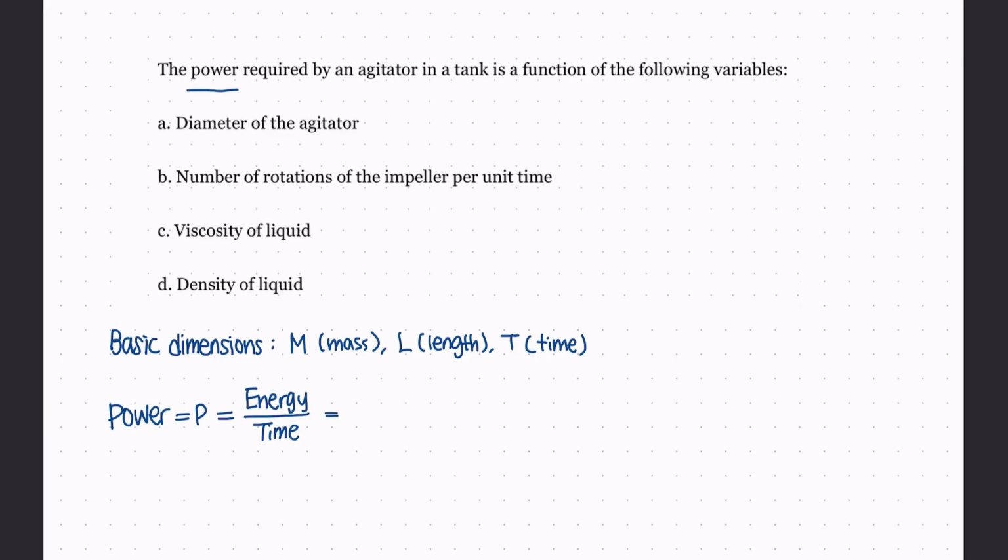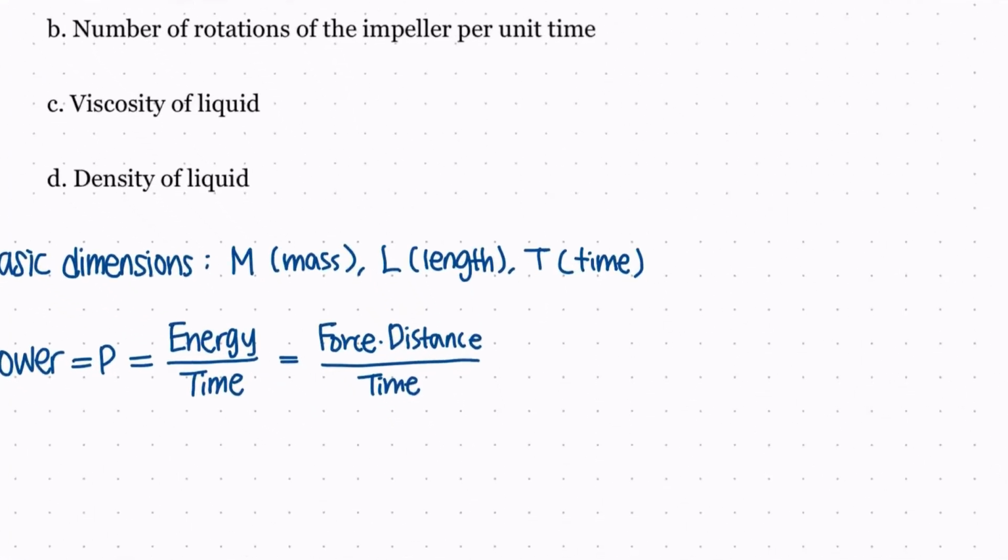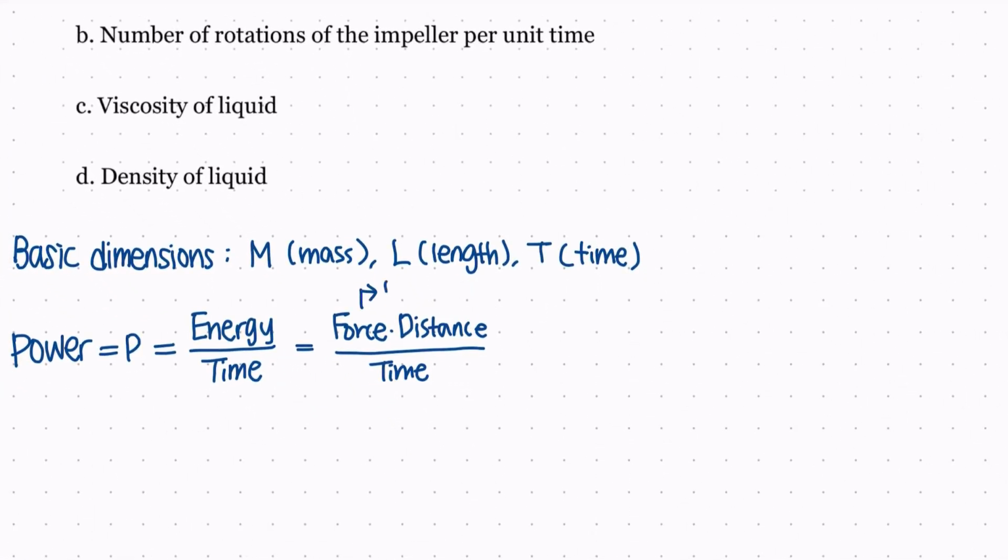We can also write these equations as force times distance over time, because energy is force times distance. We know that force is equals to mass times acceleration.